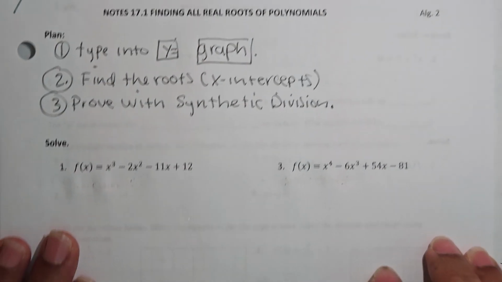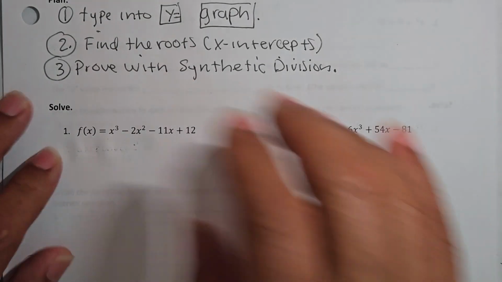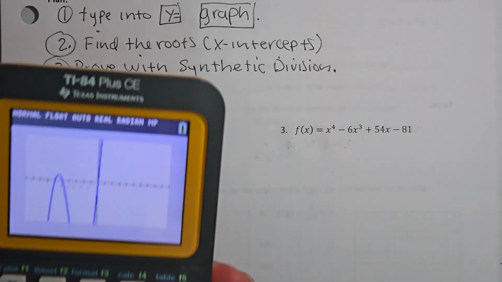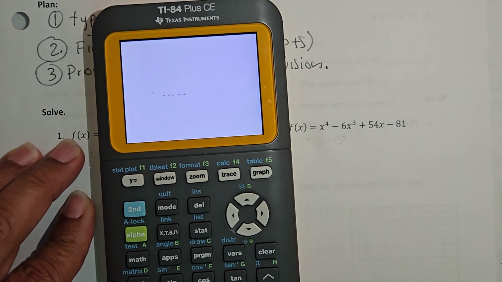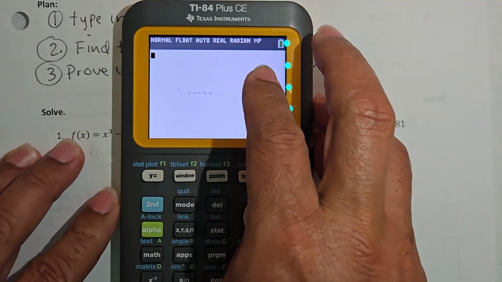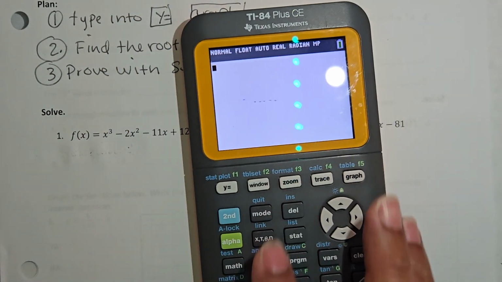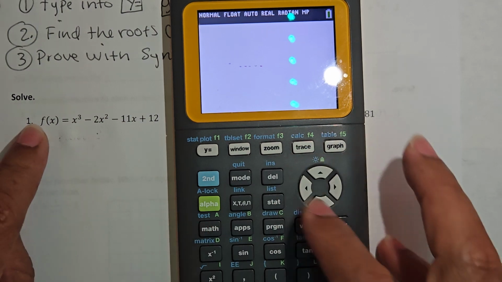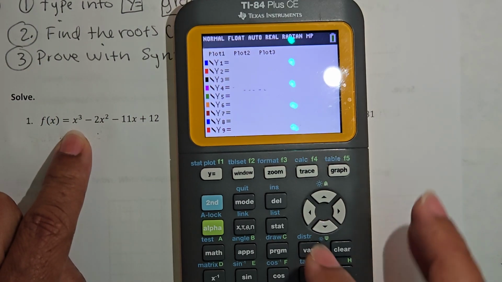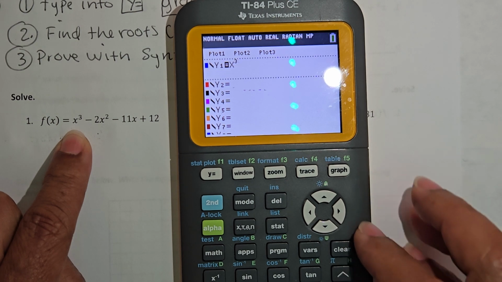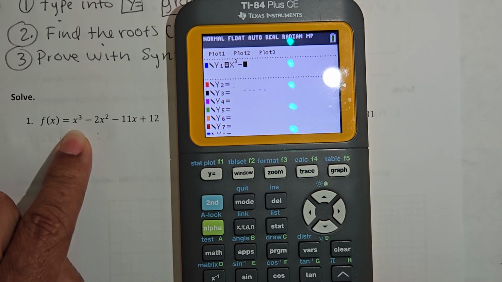For the first example, I'm going to go to the calculator and reset mine with second plus 712, and that should reset every piece of information that was stored there before. Then I'm going to go to y equals and enter this equation, x to the third minus 2x squared, minus 11x plus 12.